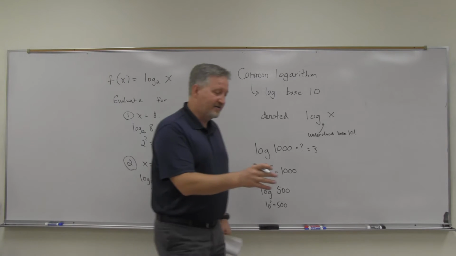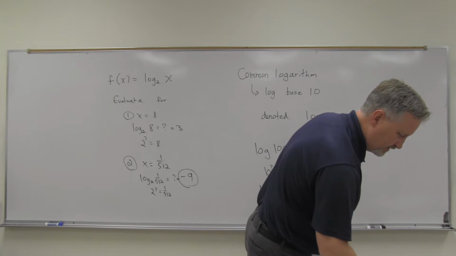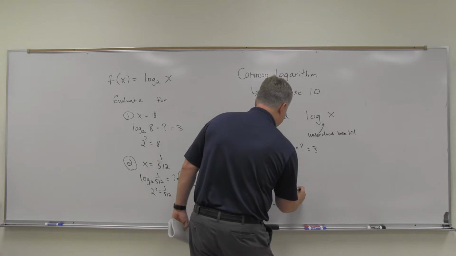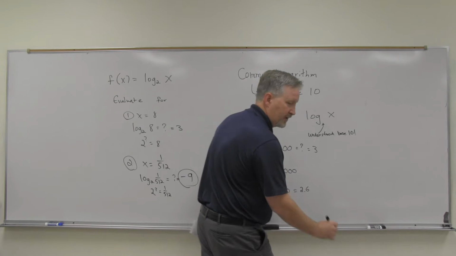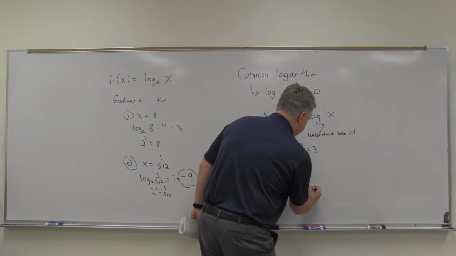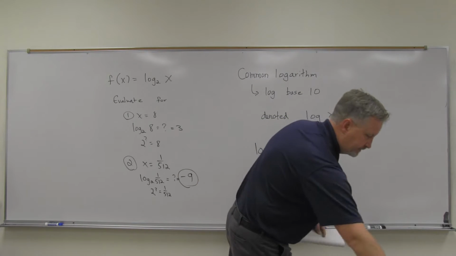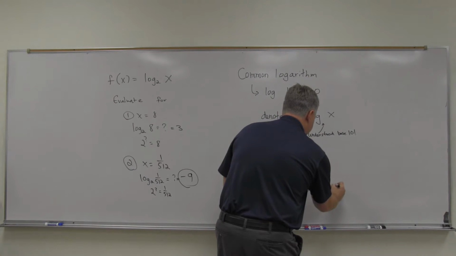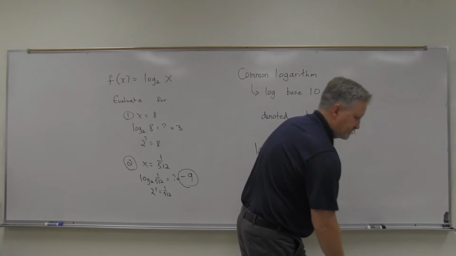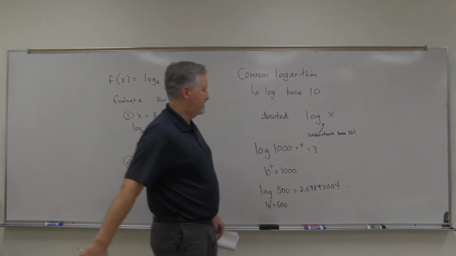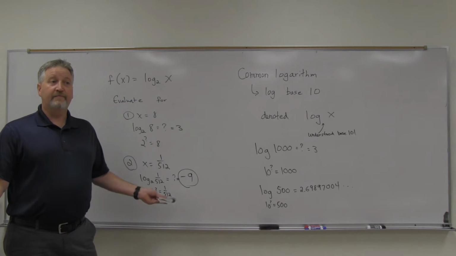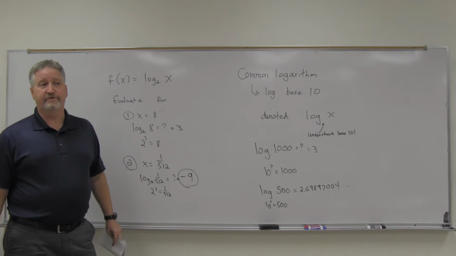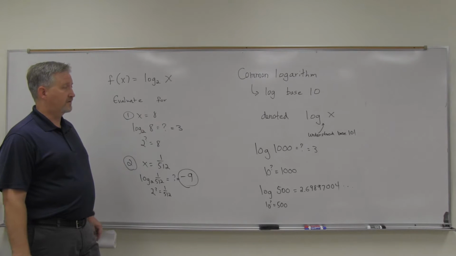But with our calculators, just find your LOG button and go log of 500, and it tells me it's 2.698, and however many places we want, up to a certain point anyway. Mine has this many. I'm sure there are others after that, might be rounded. So it's not a nice power of 10, but the calculator can do it for us. That's the nice thing about the common logarithm.